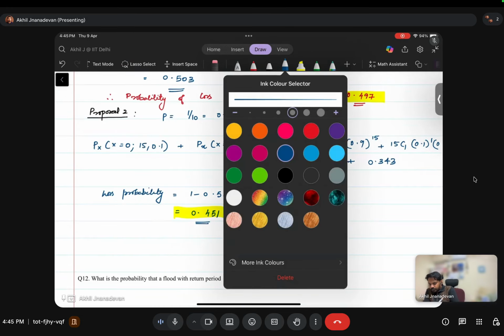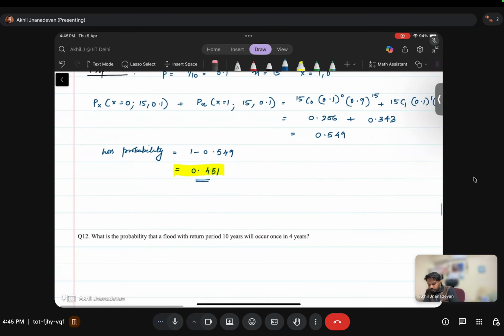So we can say the loss probability of proposal 1 is smaller than proposal 2.